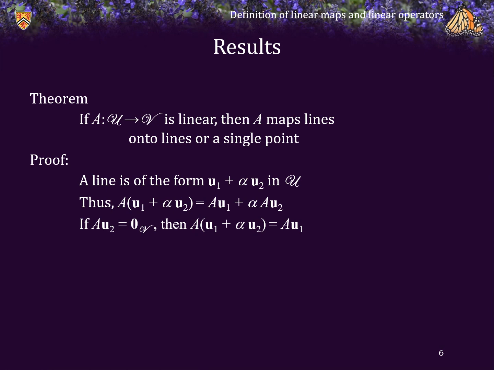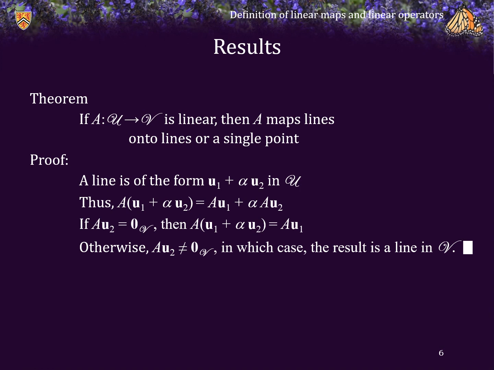However, if A applied to U2 is not the 0 vector in V, then A applied to U1 plus alpha times A applied to U2 is just a vector in V plus all scalar multiples of another vector in V, which is once again a line in the vector space V.